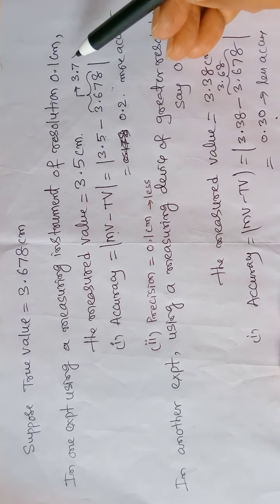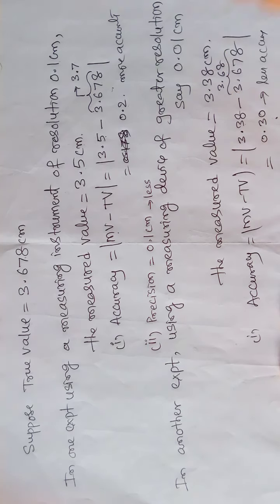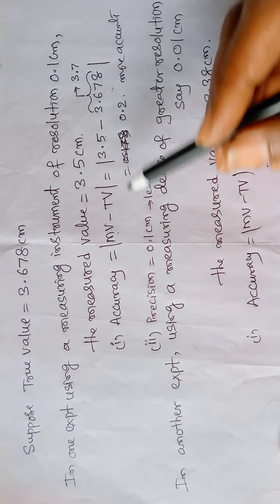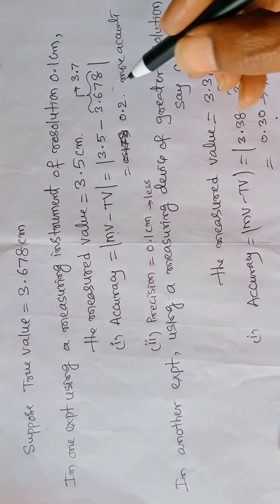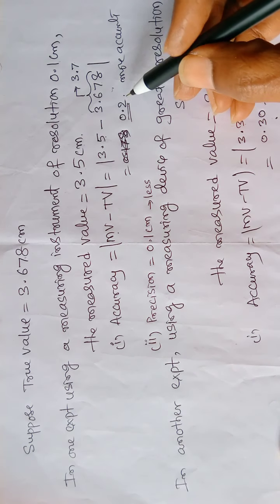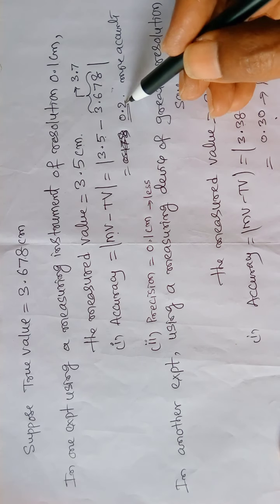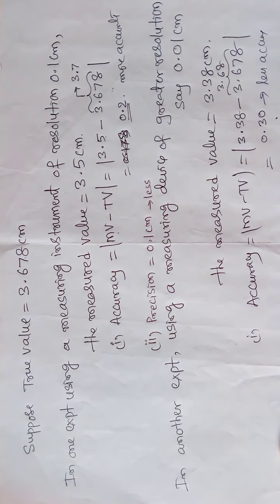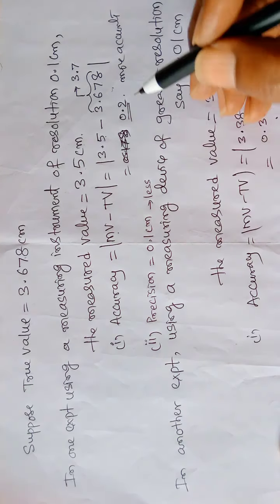That is 0.2. The difference between the measured value and the true value is the error, and this error tells you how accurate it is. Lesser the error, more accurate it is. So you just write here you got 0.2 error.